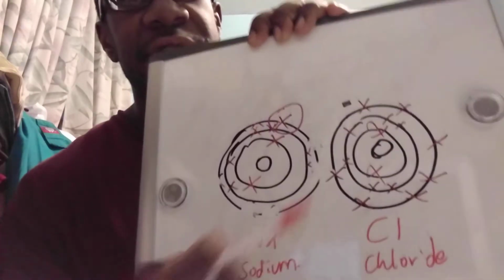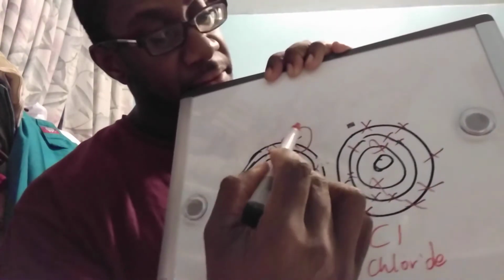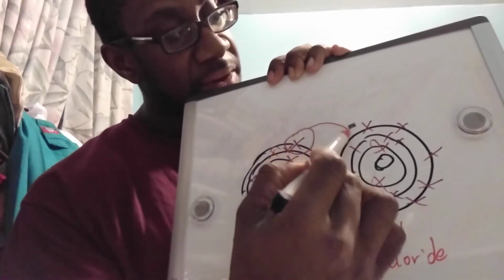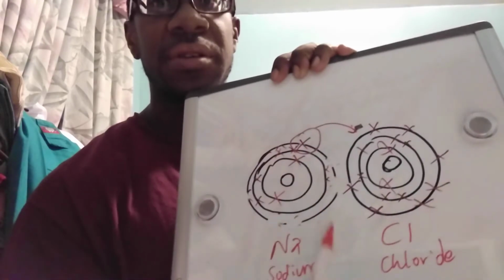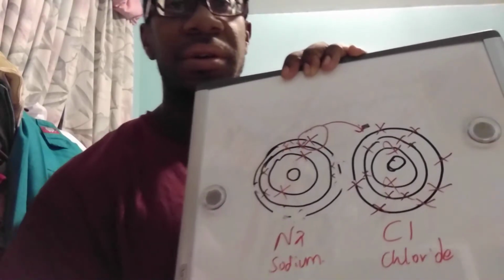So in order for chlorine to be happy, it has to accept the electron in the valence shell, which is the outermost, bring it over to chlorine so that it can fill its valence shell. So that's how sodium chloride forms.